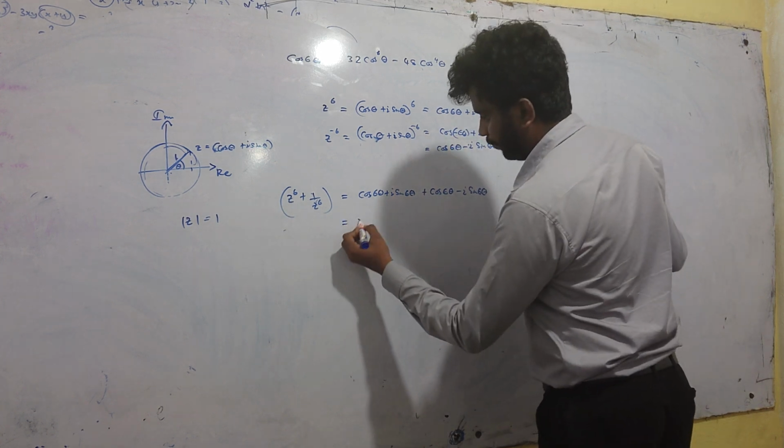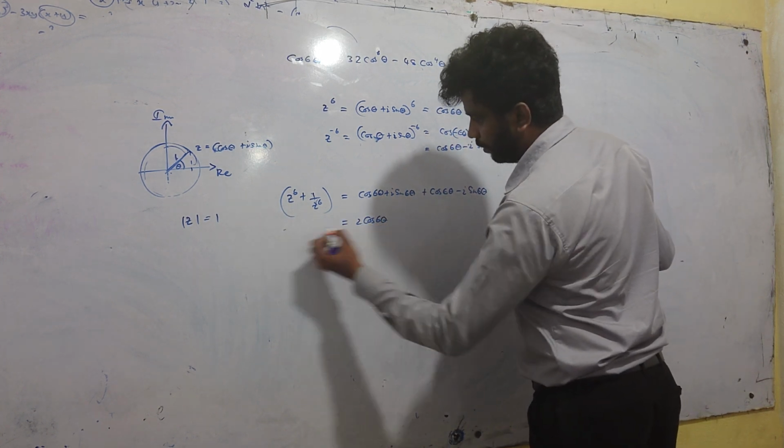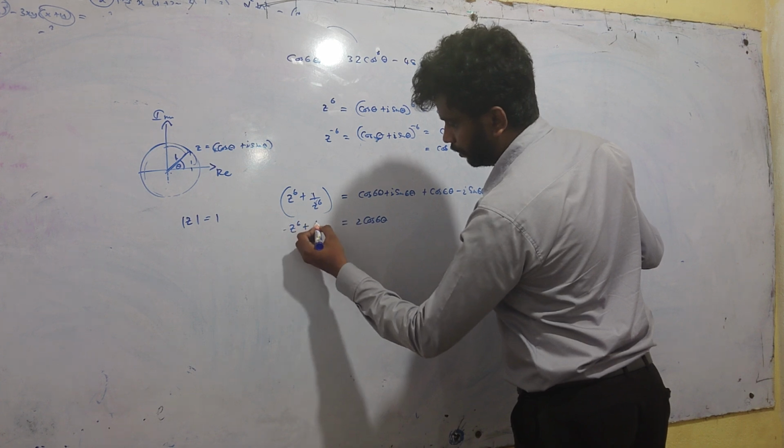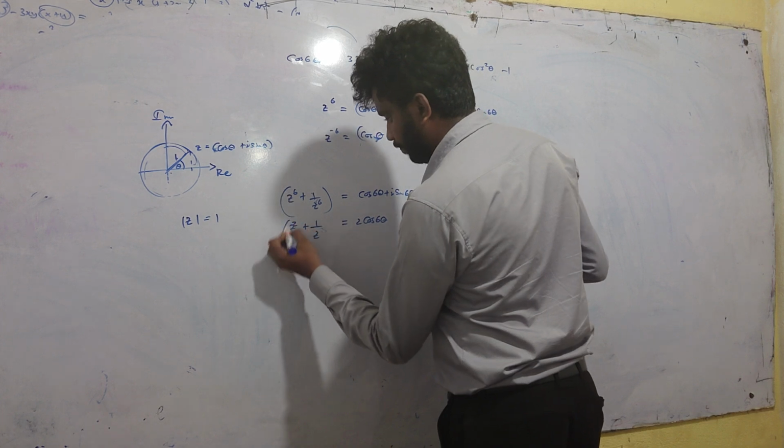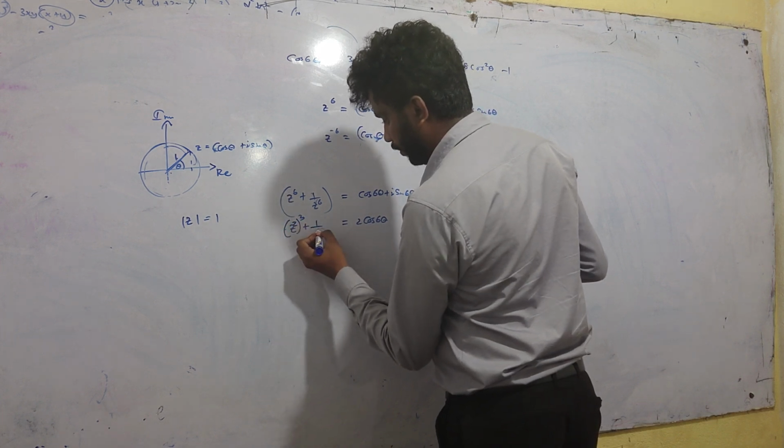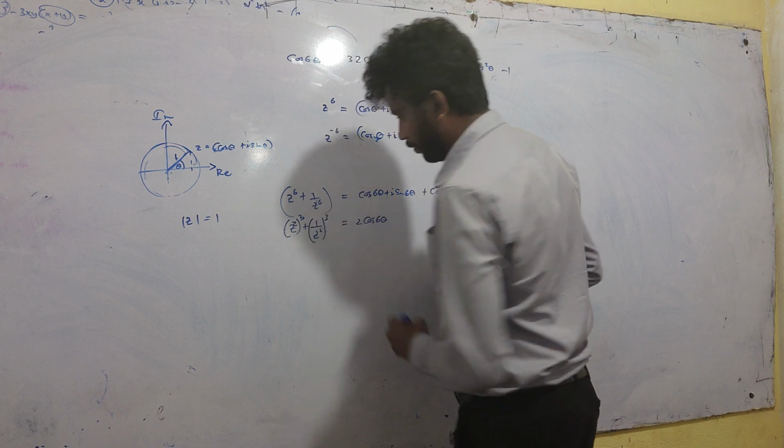This is 2 cosine 6 theta. z to the power 6 plus 1 over z to the power 6, I'll be writing this as z squared to the power 3 plus 1 over z squared to the power 3.